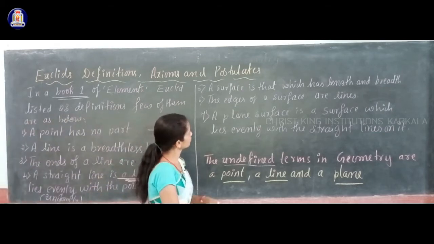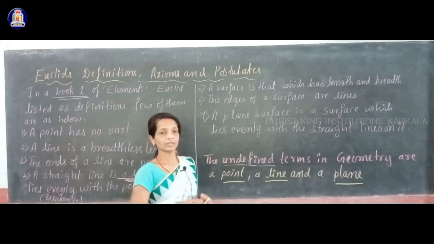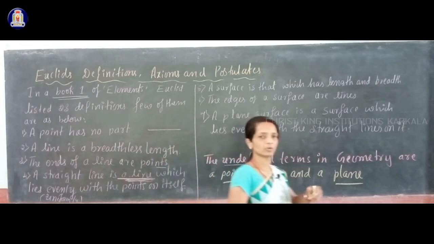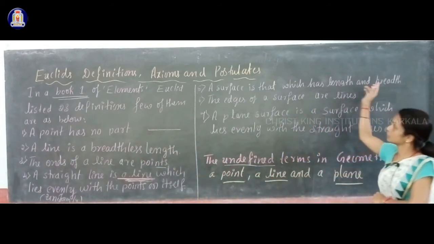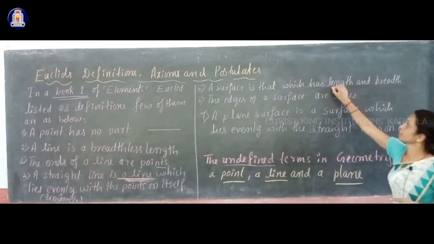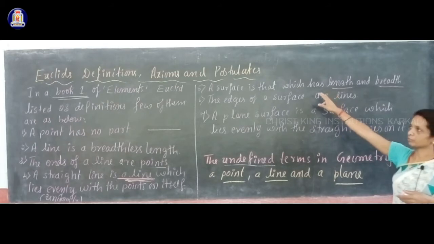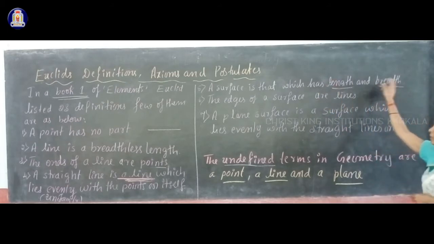And next, the fifth one: a surface is that which has a length and a breadth only. A surface is a two-dimensional one. That is the fifth one.